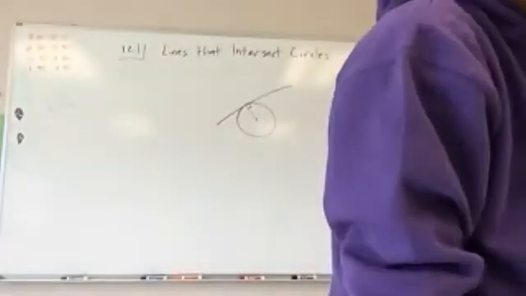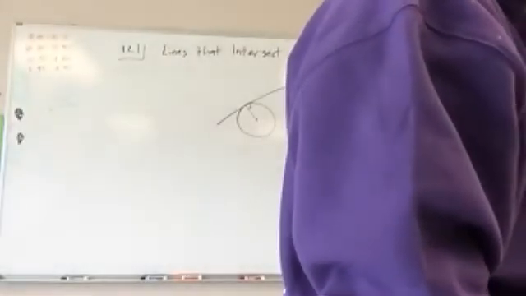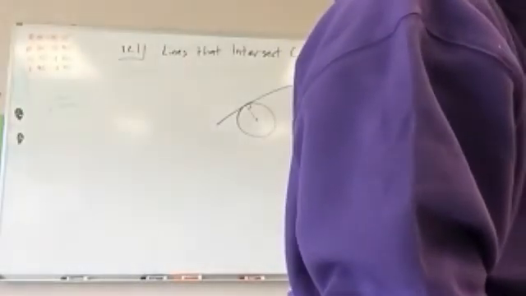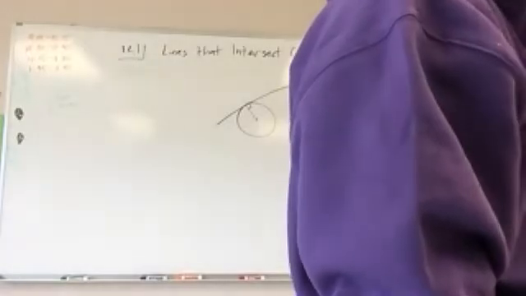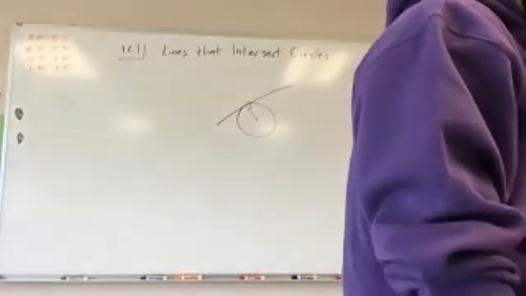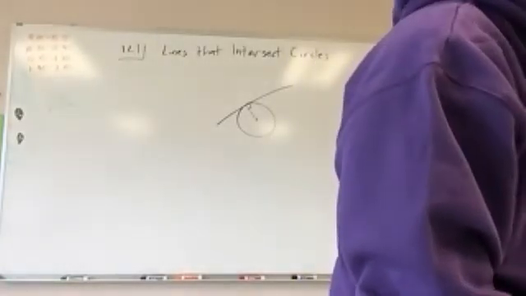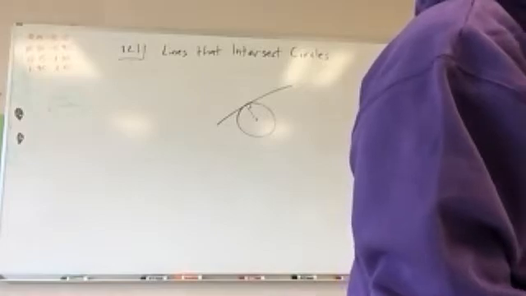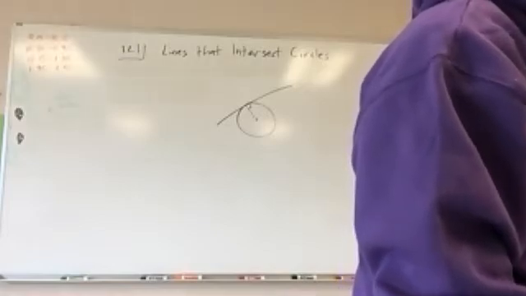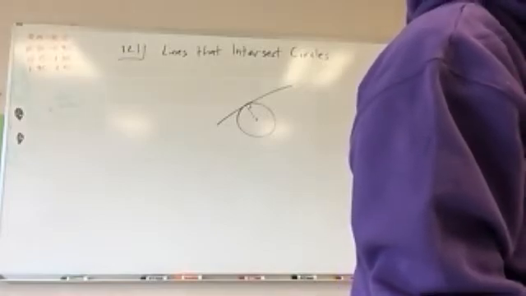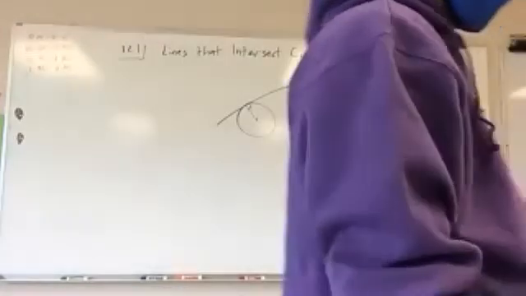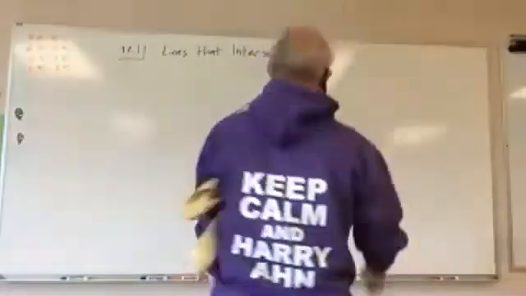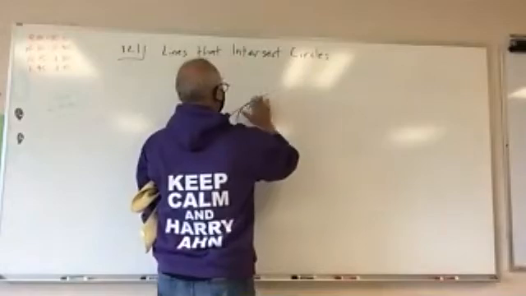Okay, so example number 3. The summit of Mount Everest is approximately 29,000 feet above sea level. What is the distance from the summit to the horizon to the nearest mile? We'll start right here.